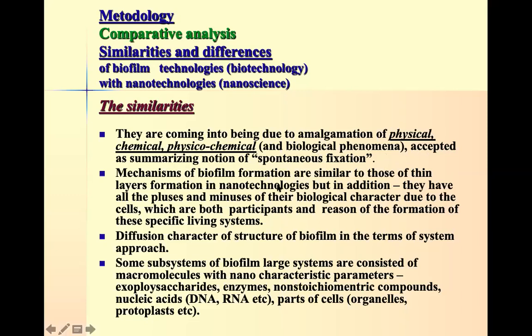Mechanism of biofilm formation are similar to those of thin layers formation in nanotechnology. Here are the similarities. But in addition, they have all the pluses and minuses of their biological character due to the cells. Because in case of nanotechnologies, we use non-living substances. In case of biofilm, we use living substances.